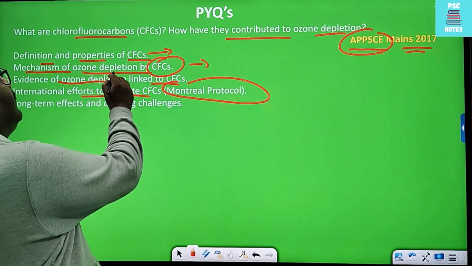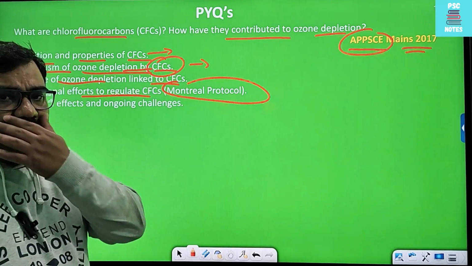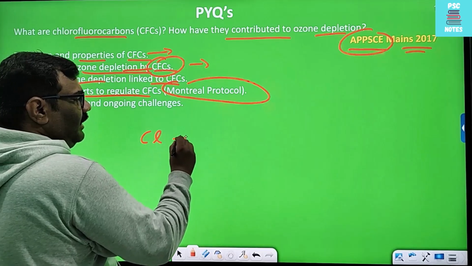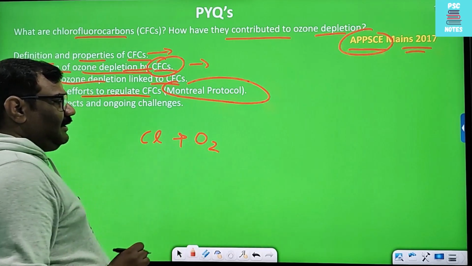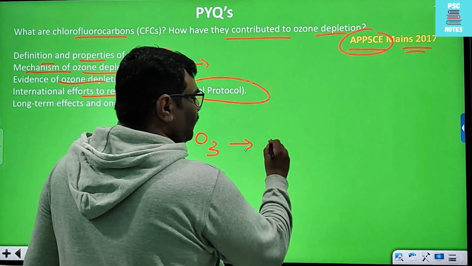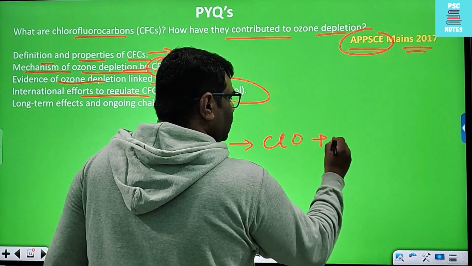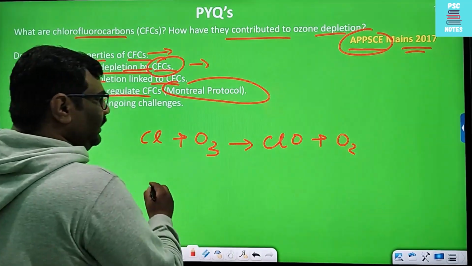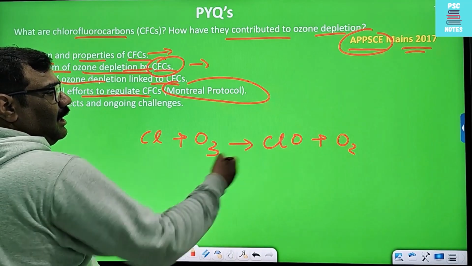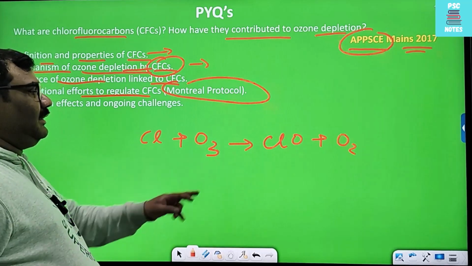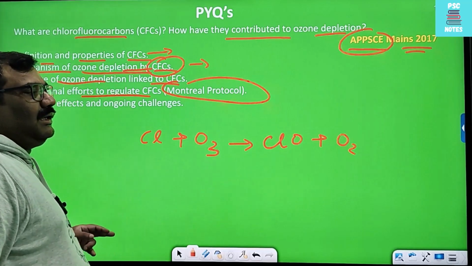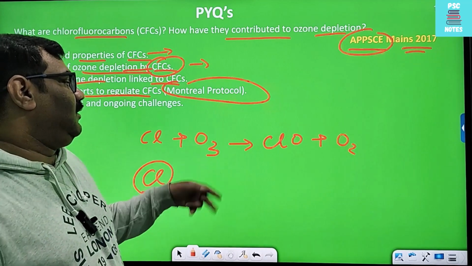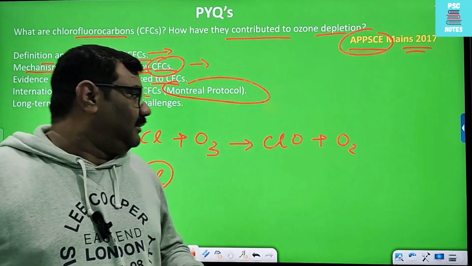In the mechanism, we need to give the reaction of chlorofluorocarbon, like how chlorine combines with ozone to form ClO and oxygen, and then this further reacts to form a free radical, and the chlorine is again available and ozone has been destroyed.